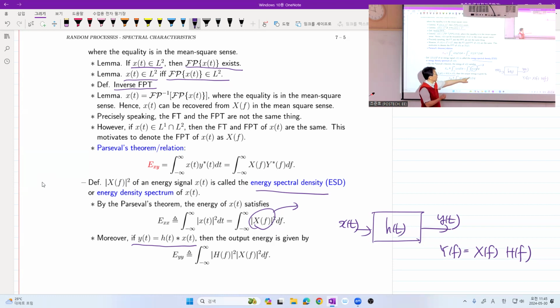So really, this absolute value square of X of f can be interpreted as the energy spectral density, because it really means the portion of energy at a specific frequency. Got it? The reason why I talk about this is that this exactly parallel idea comes when we study the power spectral density of a random process.